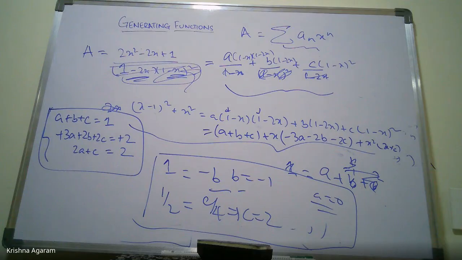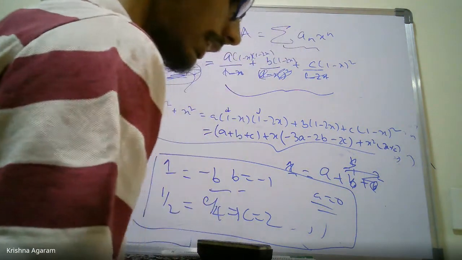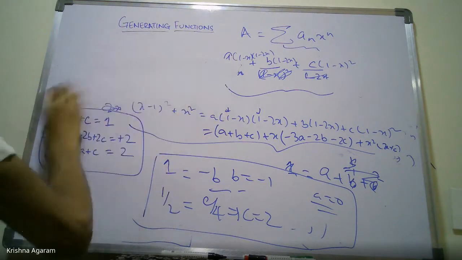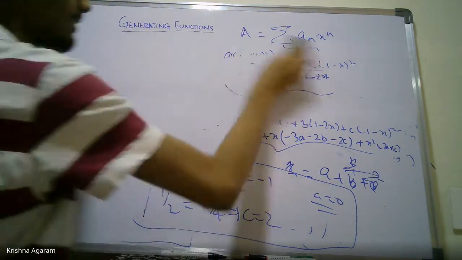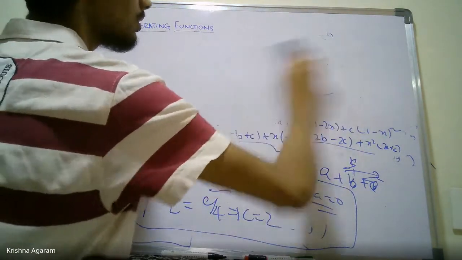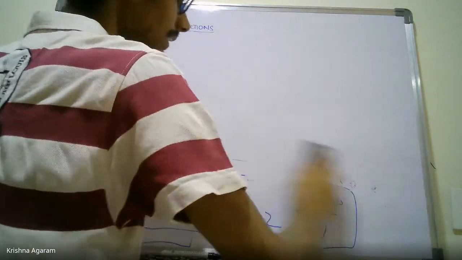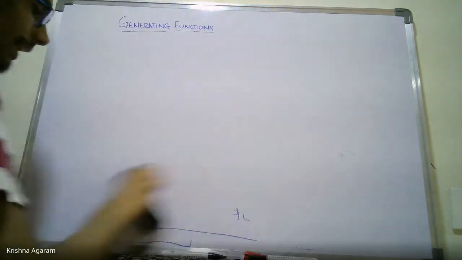Okay, so now basically there are a few more things that are good to cover. One is that you can solve more general recurrences, like everybody knows the Fibonacci recurrence, right? You can do lots of generating function, lots of recurrence problems.